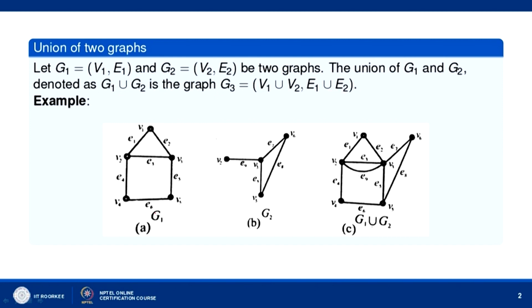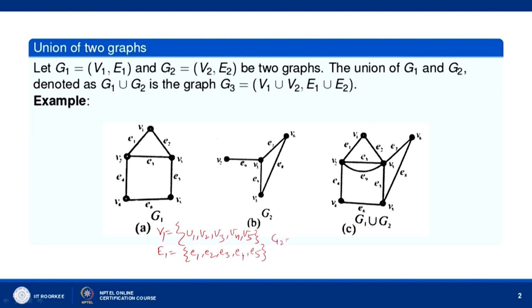Now, we can see that in G1, the vertices V1 are V1, V2, V3, V4, V5, and E1 is equal to E1, E2, E3, E4 and E5.